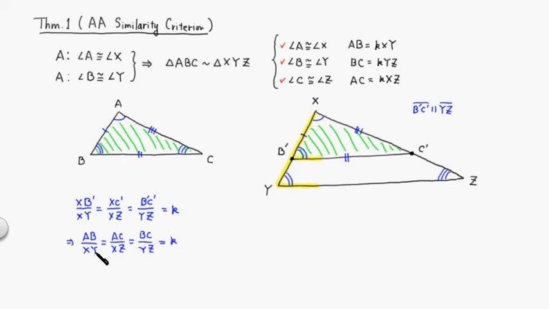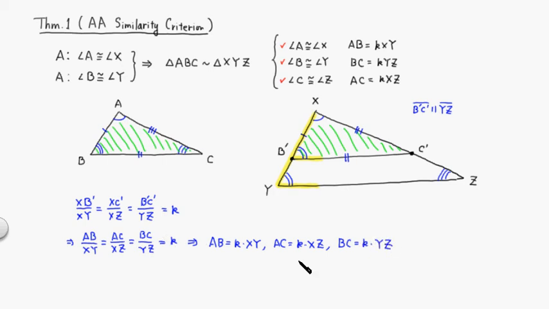By multiplying by the denominators, we get AB is equal to K times XY, AC is equal to K times XZ, and BC is equal to K times YZ.